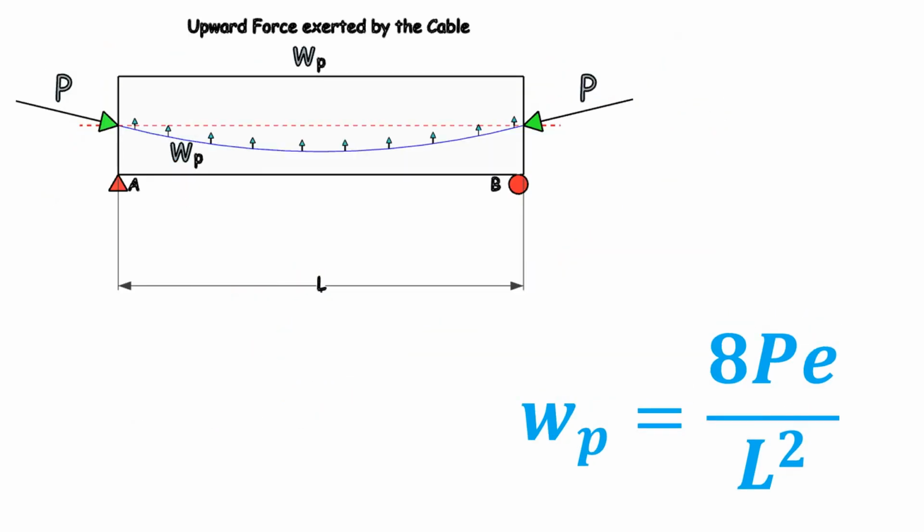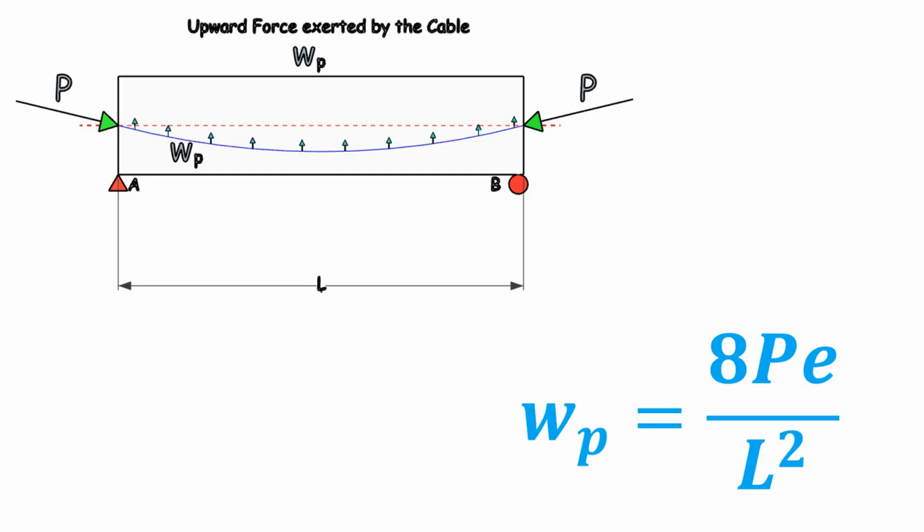Now here the upward force exerted by the cable has been derived, and it is mentioned as 8 times Pe by L square. So you can see that as you change the profile of the tendon from kinked to parabolic, the huge upward force is being generated by the cable as we change the profile from the kinked to the parabola.